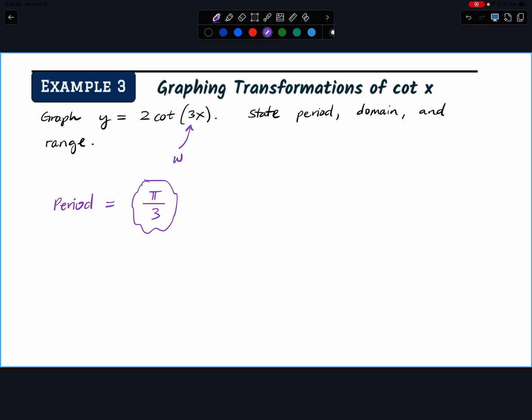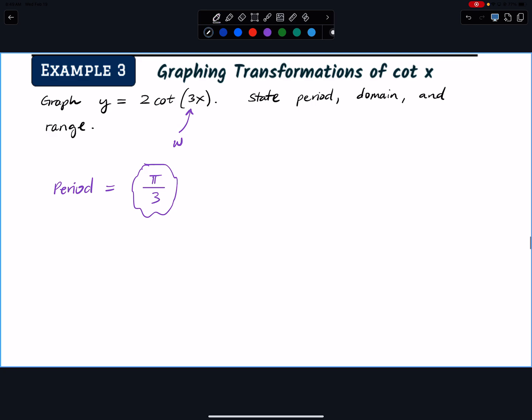Okay, just like for sine and cosine graphs, to figure out the scale, what do we do with that number? Divide by 4, good. So our x scale is just going to be pi over 3 over 4. And if I simplify that, I'm going to get pi over 12.